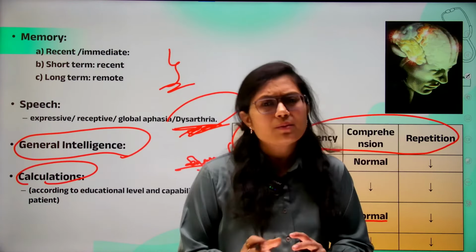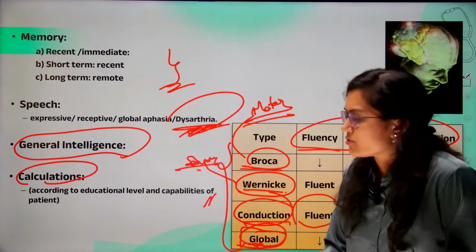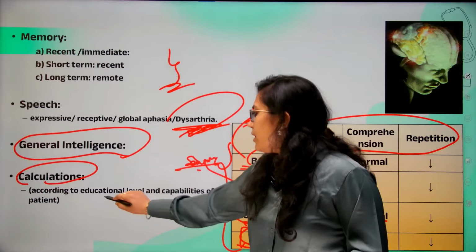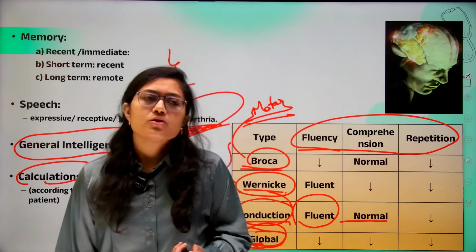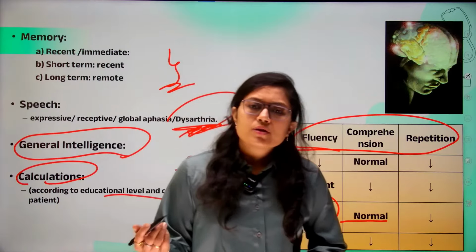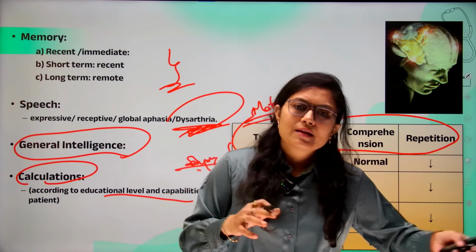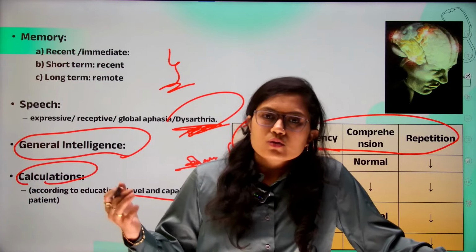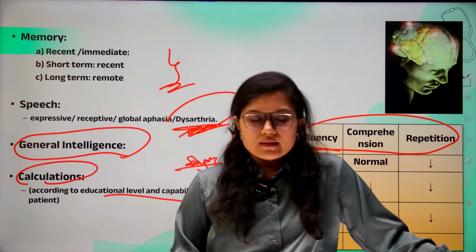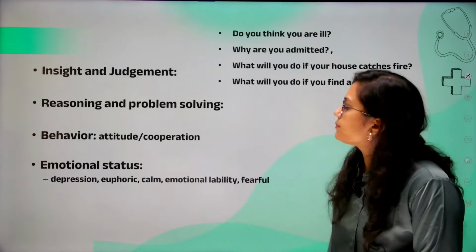We just need to go for basic sums, according to the educational level and capabilities of the patient. If the patient doesn't know much counting, we can simply ask, if you had this much money and gave this much to someone, or this much was added, how much is it, so that we can get to know the basic things about the patient.